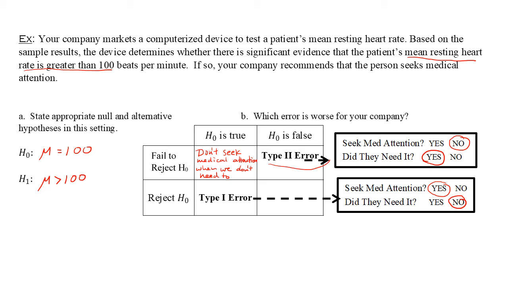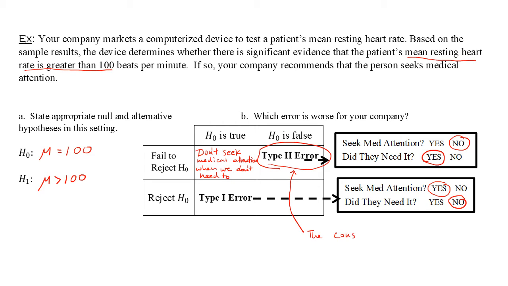So this would be the type of error that perhaps is more grave, because the consequences of this kind of error means that somebody would not seek medical attention when they actually needed it. So versus this one, where somebody seeks medical attention when in fact they didn't necessarily need it, is not going to have any grave consequences.